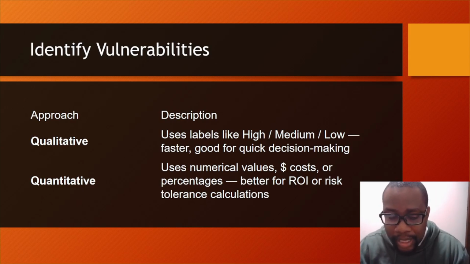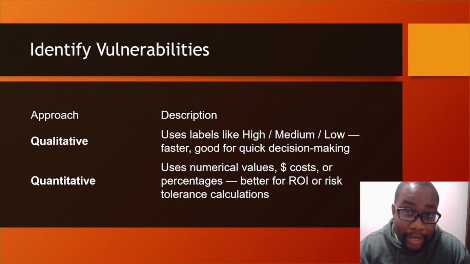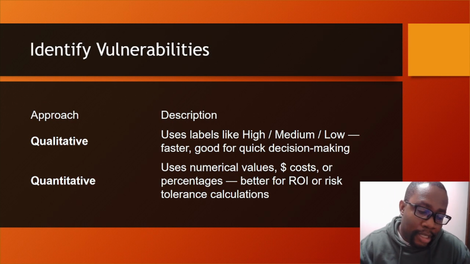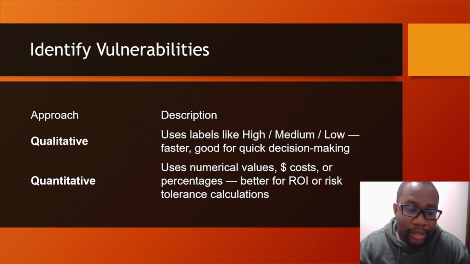I'm trying to put a good example. So say, for example, a bank, right? In a bank, a high risk might be different compared to a restaurant.